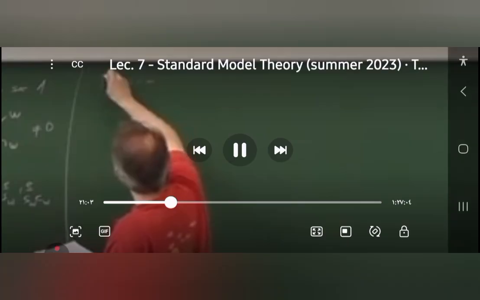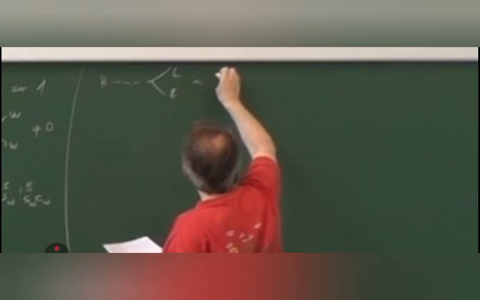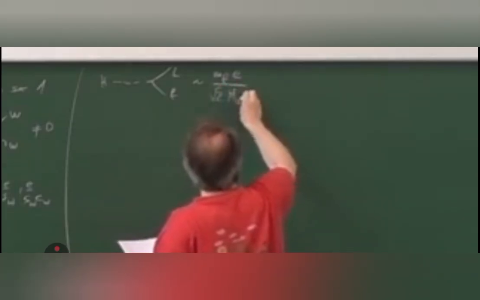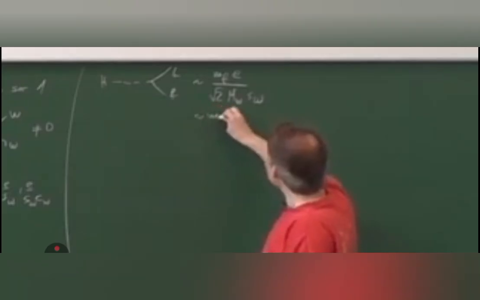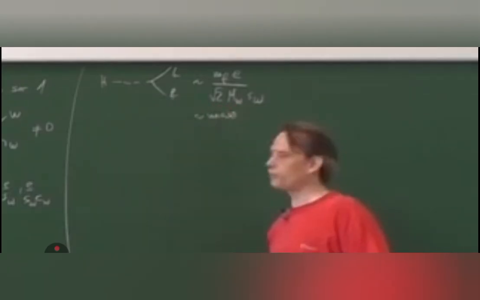And the same is also true for the Higgs boson interactions with fermions. There it's more obvious, because this is of course a Yukawa coupling, and that can however be eliminated in favor of the masses, and then this is fermion mass times E divided by square root of 2 M_W SW, and so again this is proportional to the mass of the respective fermion.